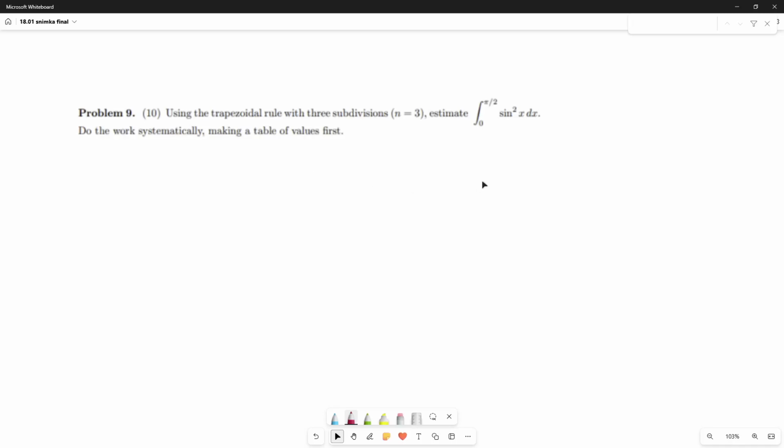Here we need to estimate this definite integral, and the basis for our estimate is going to be the trapezoidal rule with 3 subdivisions.